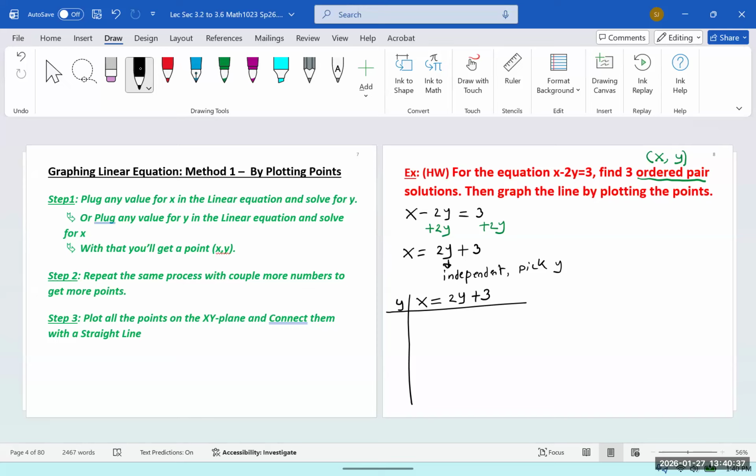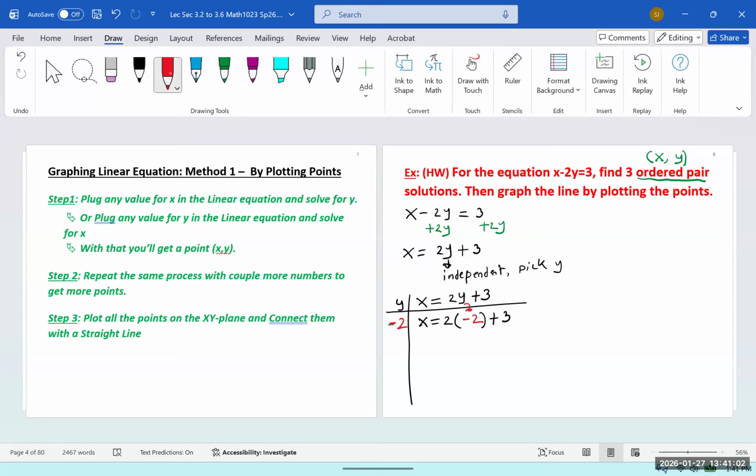So let me pick a y value. Let's say -2. I'm picking my first y value, -2. So if y is -2, our x is 2 times -2 plus 3, because our y is -2. This is what we picked.